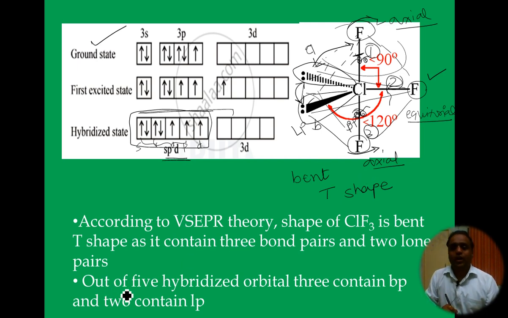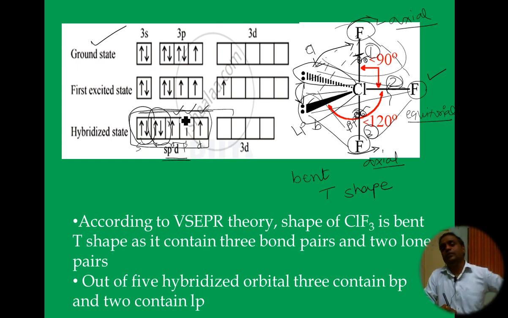Okay. Out of 5 hybridized orbitals, 3 contain bond pairs and 2 contain lone pairs. So from this also we can say, this is a lone pair, this is a lone pair, and these three are bond pairs.